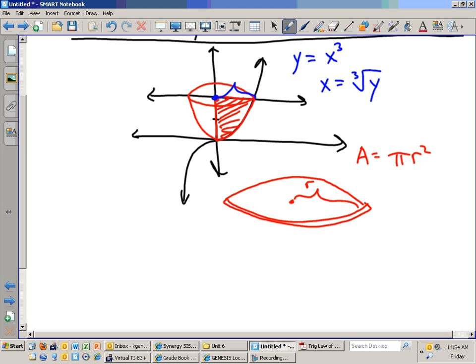Okay, Bryce has the right idea. And this is the harder part: how do we state that? How do we say it? Here's the idea. Given any y value, we want to know what that length is right here. So we take that y value and it will output a certain x value.